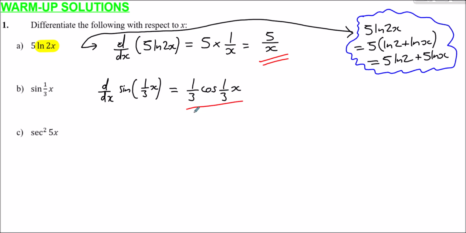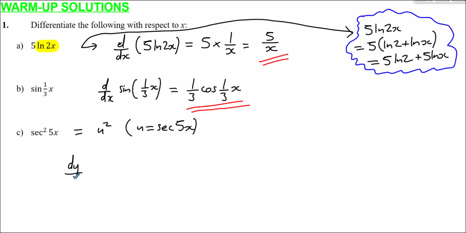And the last one for question 1, differentiating sec squared 5x. Let that equal, I would suggest, u squared. I'm going to use the chain rule here. So I'm going to set u to be sec of 5x.